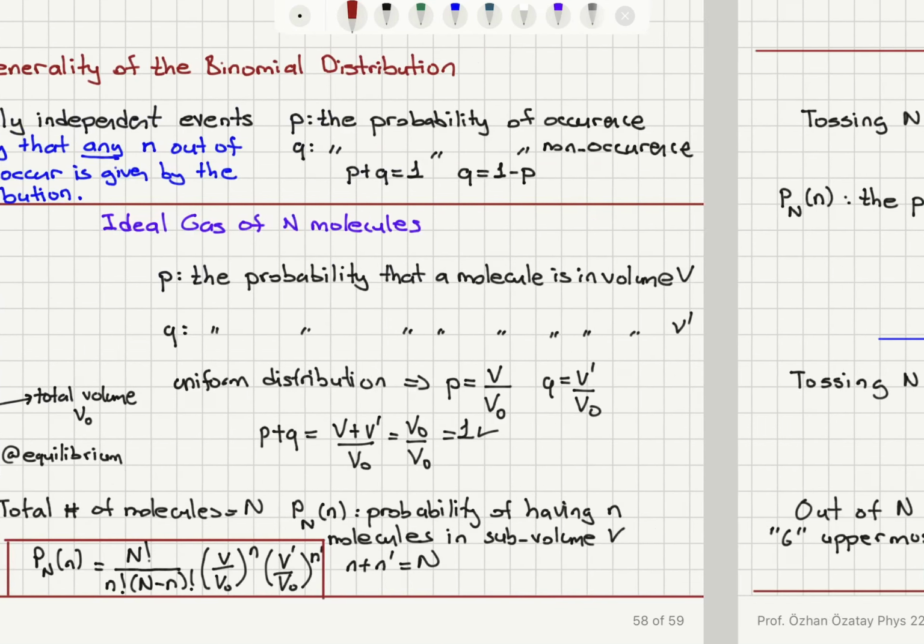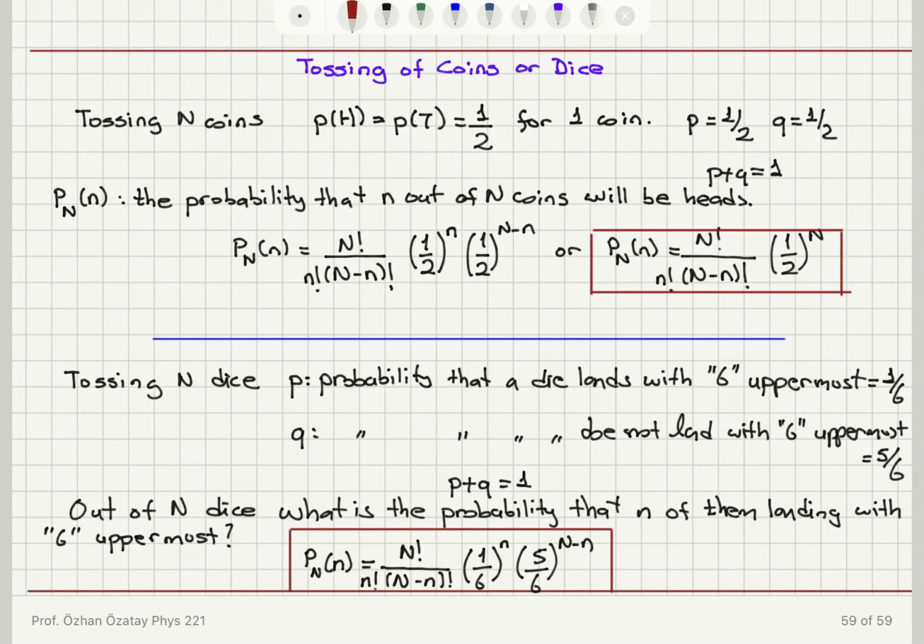If you do this for coins or dice, if you toss capital N coins, the probability of occurrence of a head is 1/2, tail is 1/2 for one coin. If I ask what is the probability that n out of these capital N coins will give me heads, once again, it's given by the binomial distribution. Combinations of capital N objects taken n at a time, 1 over 2 to the power n.